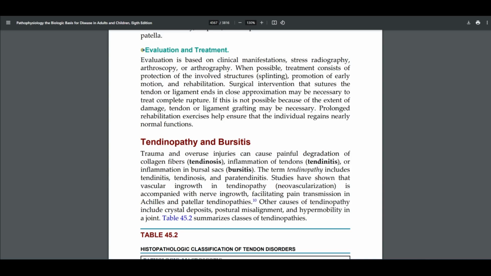Surgical intervention that sutures the tendon or ligament ends in close approximation may be necessary to treat complete rupture. If this is not possible because of the extent of damage, tendon or ligament grafting may be necessary. Prolonged rehabilitation exercises help ensure that the individual regains nearly normal function.